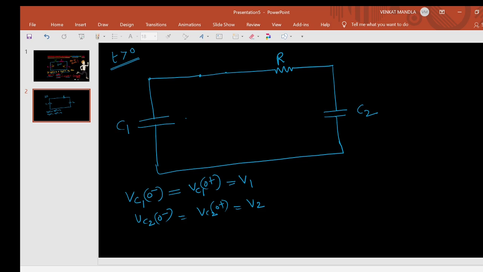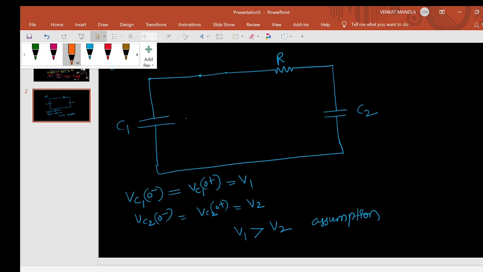and in the question he has not mentioned anything about these V1 and V2 values, that is, which is greater and which is smaller. I am assuming that V1 is greater than V2. This is the assumption. Okay? You can assume V2 greater than V1 also.